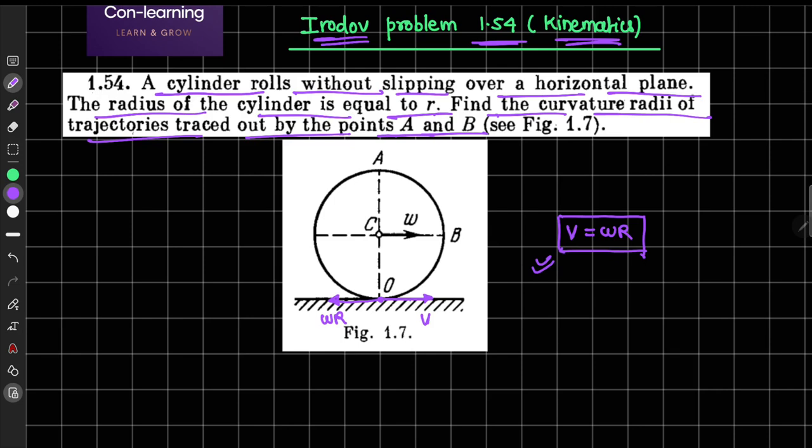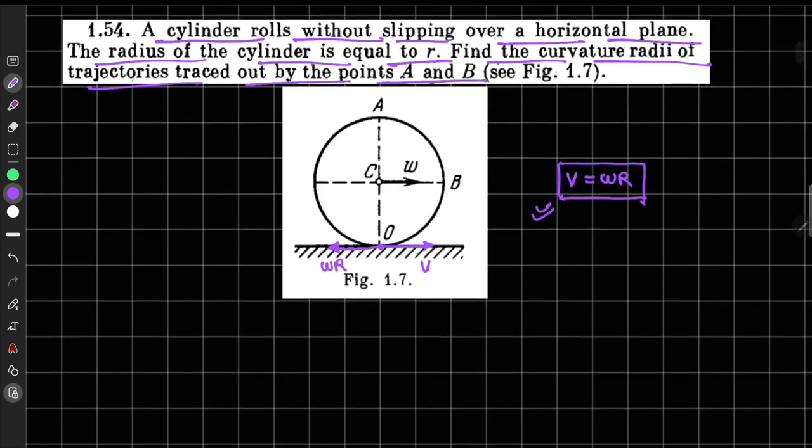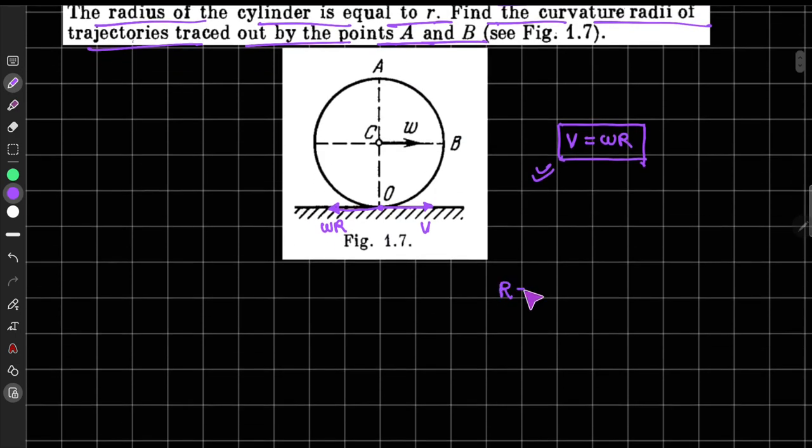Now it is asking to find the curvature radius at point A and at point B. We know that the curvature radius we can find from (1 plus (dy upon dx) whole square) to the power of 3 by 2, whole divided by d square y upon dx square.